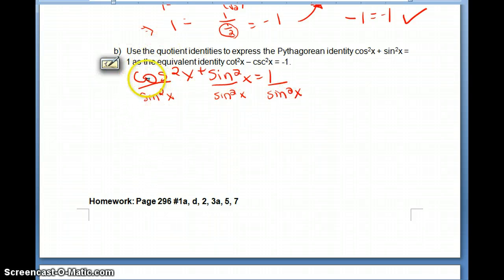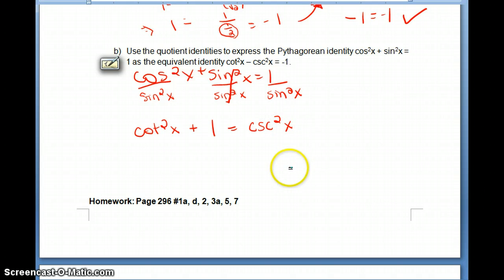We know that cosine divided by sine is equal to cotangent, and because they're squared here, they're going to have the squared values. So we have cotangent squared of x plus sine squared of x divided by sine squared of x, which reduces to just 1, and that is equal to 1 divided by sine squared of x. Using the reciprocal, 1 divided by sine squared of x is equal to cosecant squared of x.